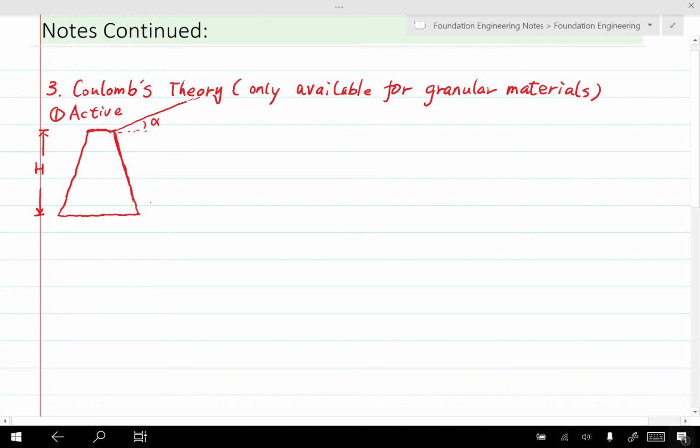So in 2D case, that's going to be a straight line. Let's assume this is the slip surface, then we will have this soil body. So what's going to happen is that the soil on two sides of this slip surface will move relative to each other.